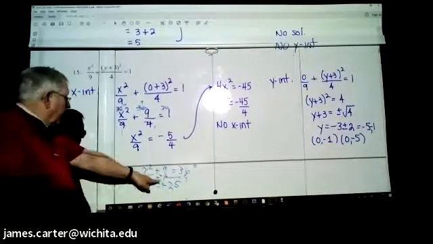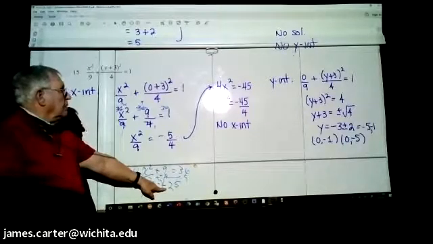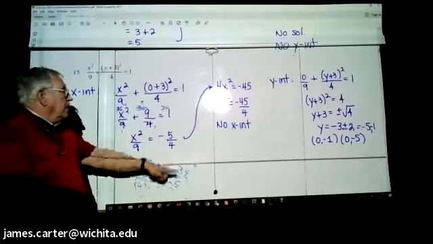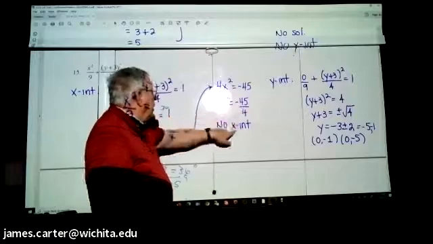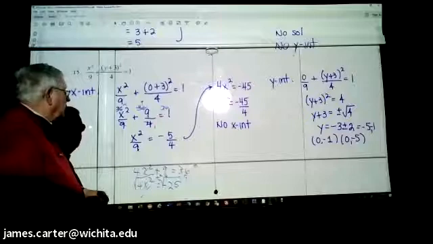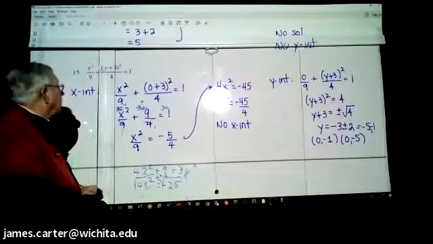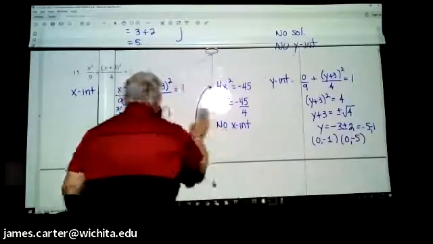But look what happens. I've got a negative radical. So the answer is no solution. They basically came to it a slightly different way here. And they're going to have no solution. Okay. And so let's go to the next problem.